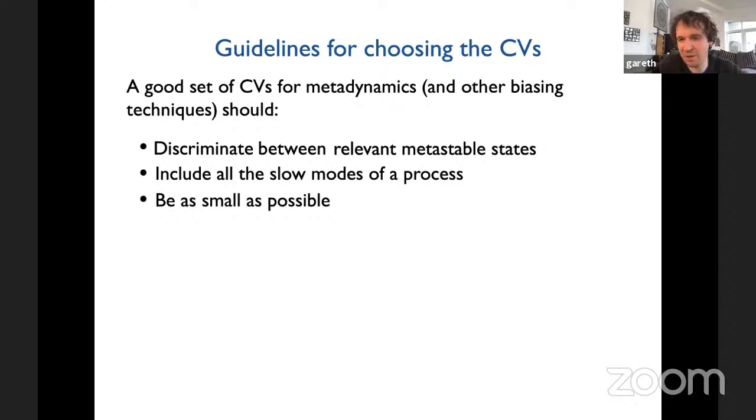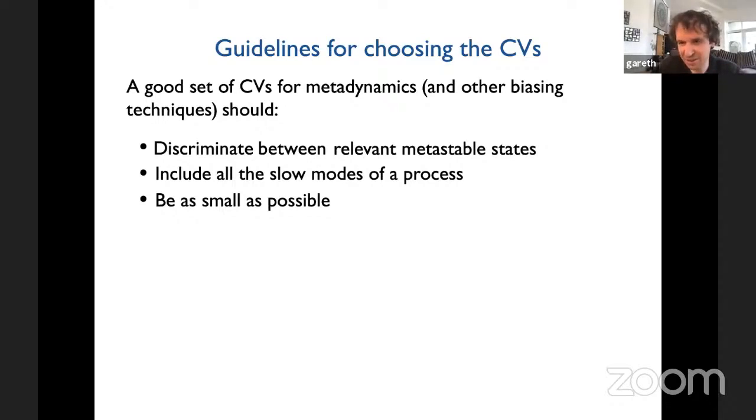But you may find that you get a converged result and relatively small error bars, especially if you don't do the replica exchange tricks. But you're getting a result that's not actually real because you haven't included the slow modes of the process.